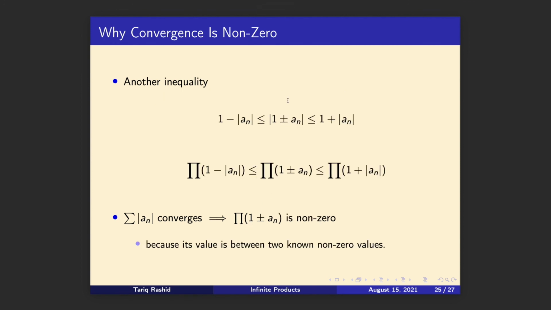And now we're going to use an inequality which, if written this way, is obvious. 1 plus or minus a_n is more than 1 minus the magnitude of a_n, and it's less than 1 plus the magnitude. So this grows it, this shrinks it, and this could grow or shrink. That's kind of a statement of the obvious, really. It just looks complicated.